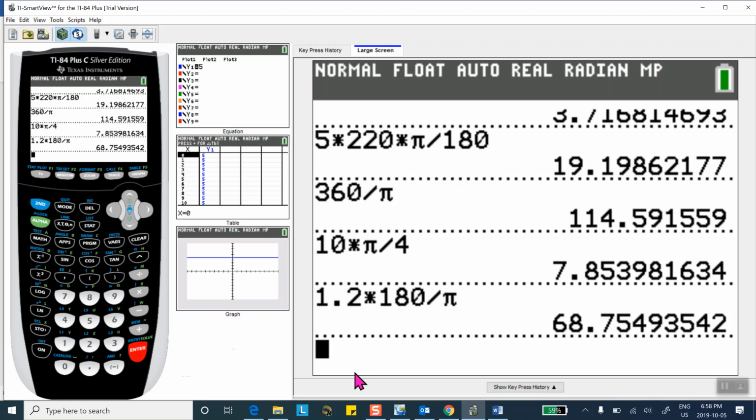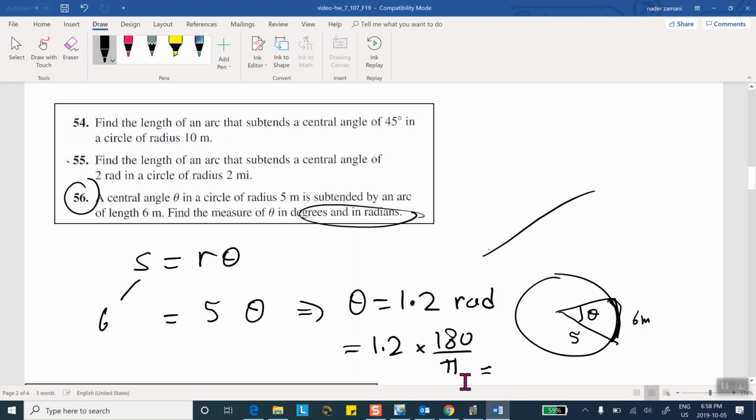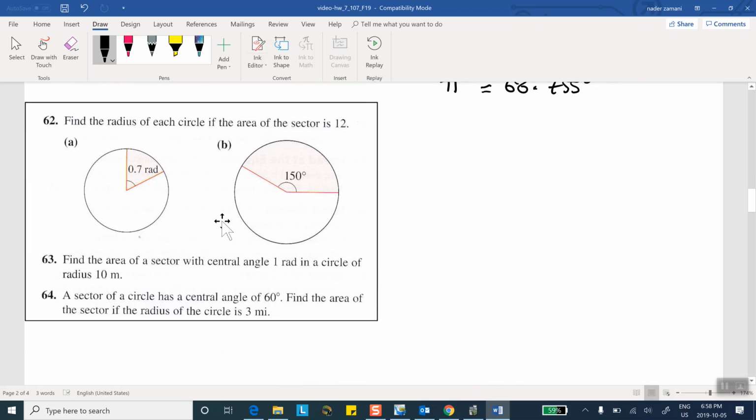So it's approximately 68.755 degrees. Okay, so that takes care of these.